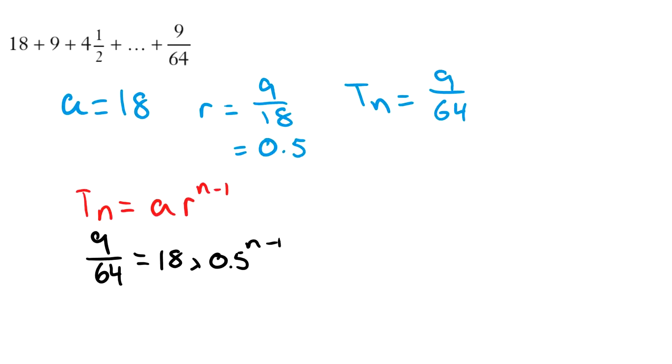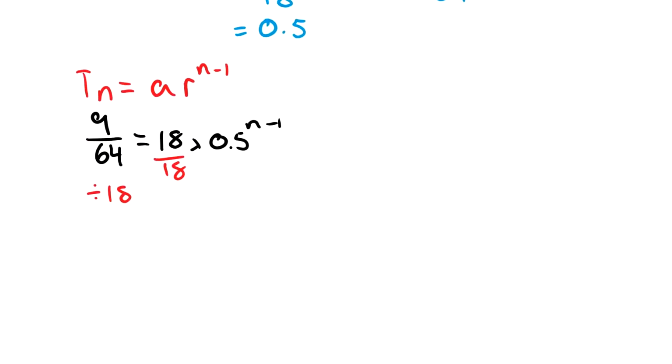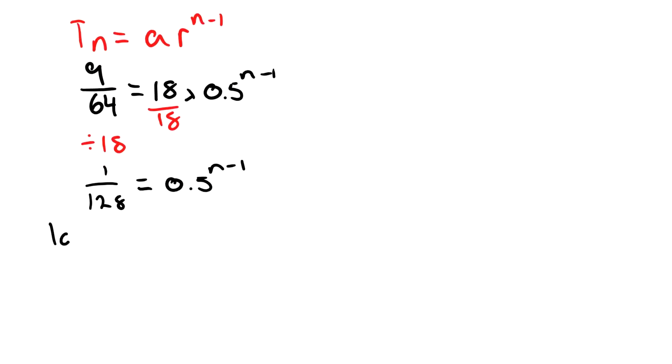And we can start solving this, rearranging it like that, and then remember we're going to use our log rules. So log 1 over 128. And because the n minus 1 is a power, that can come out the front.